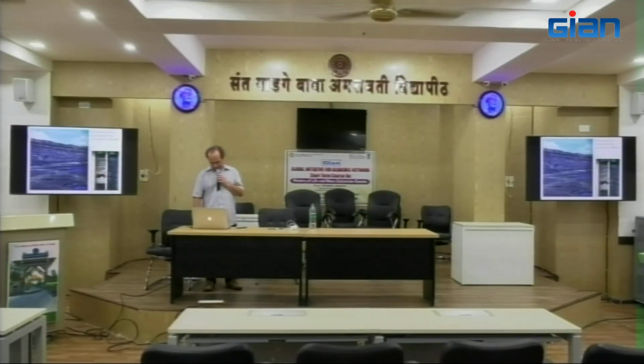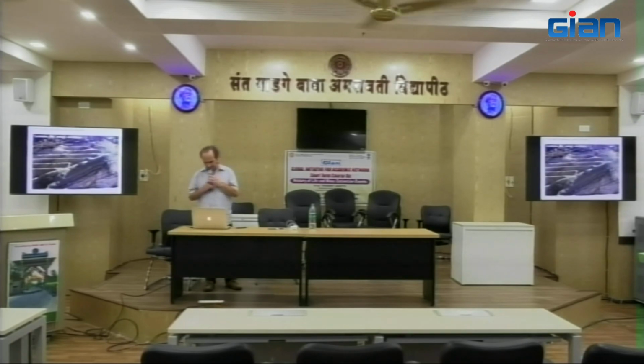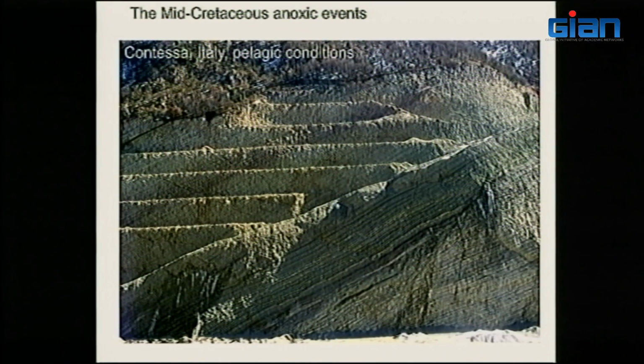And the next one, and here we'll spend a little more time afterwards, these are the Cretaceous anoxic events. On that picture, which is really a very nice picture, you can really see on the field what an anoxic event is.